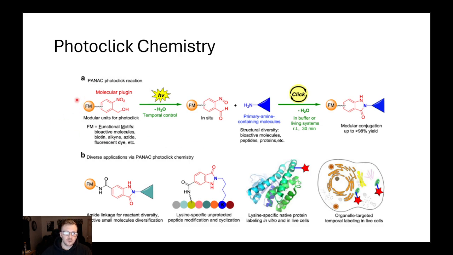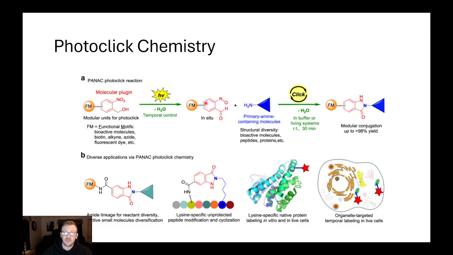So we start with some sort of functional motif, right? This can be an antibody, this can be a fluorophore, this can be a protein. A functional motif can be anything. And onto that functional motif, we're going to add a molecular plug-in, right? So that's this benzene with this NO2 and OH group. And then we're going to take that molecular plug-in, we're going to subject it to UV radiation, UV light, which is going to cause a water to leave.